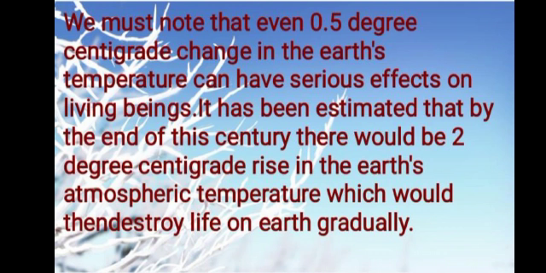We must note that even a 0.5 degrees centigrade change in Earth's temperature can have very serious effects on living beings. It has been estimated that by the end of this century, there would be almost a 2 degrees centigrade rise in the Earth's atmospheric temperature, which would then destroy life on Earth gradually.